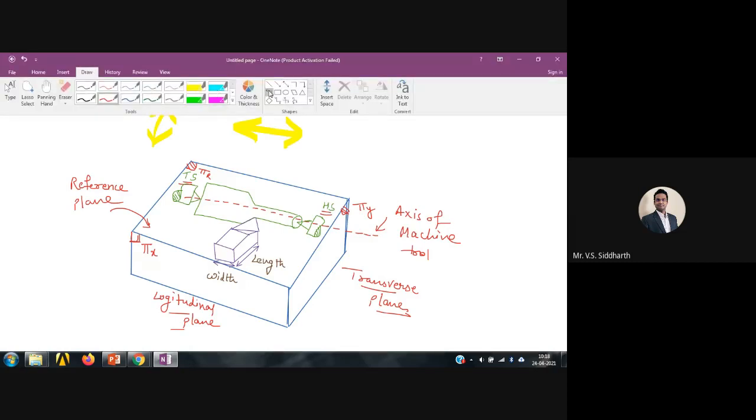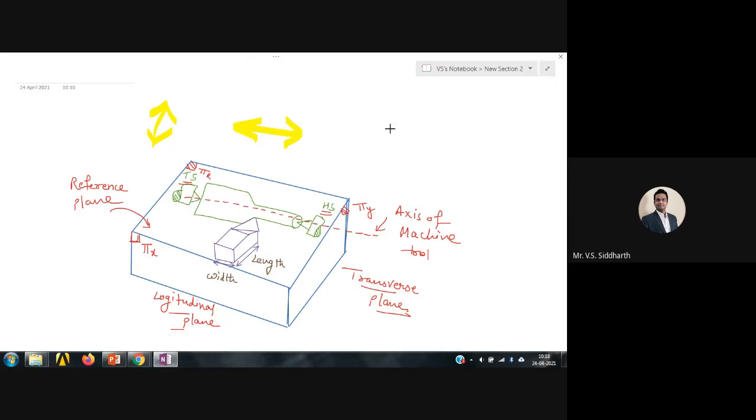Now I will ask some of you one question. For example, if I have a line like this, what is its angle? Comment in the chat section and tell me what is the angle of that line.